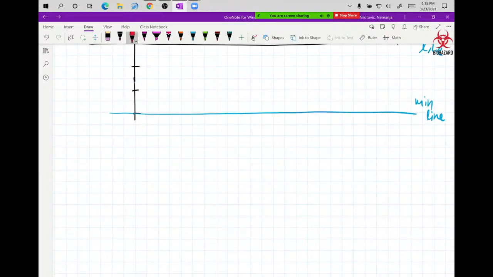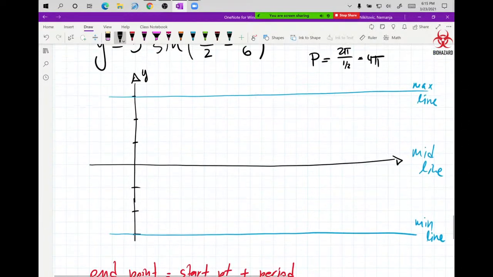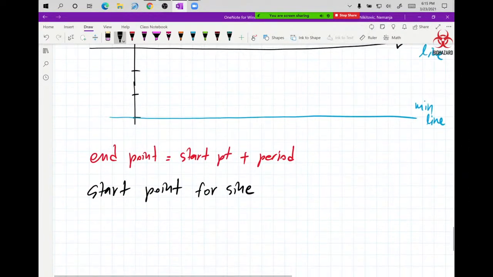So the end point is equal to start point plus period. Now let's calculate the start point. For sine, you take what's in the parentheses and you equal it to 0.